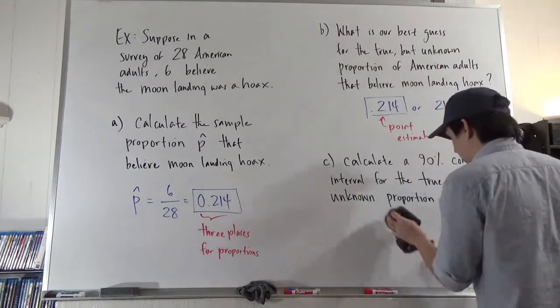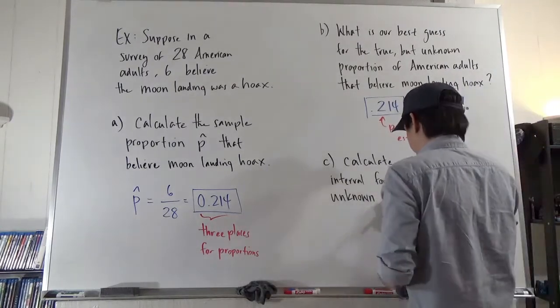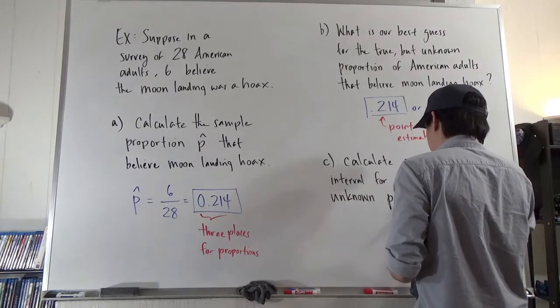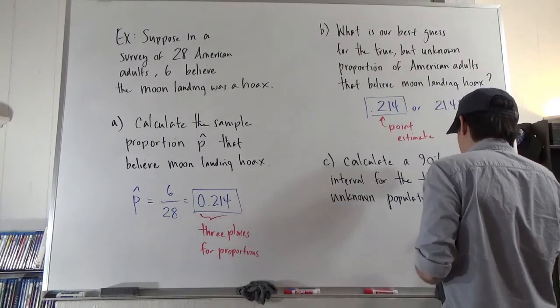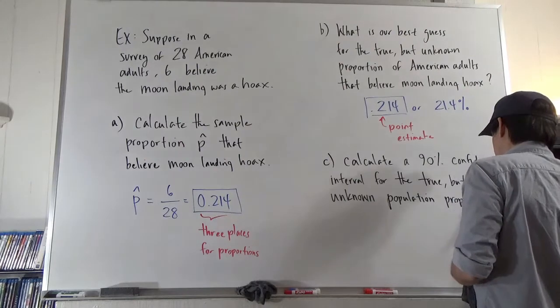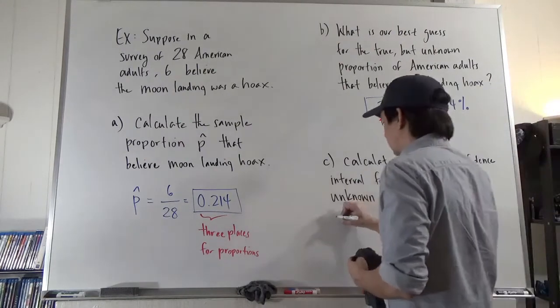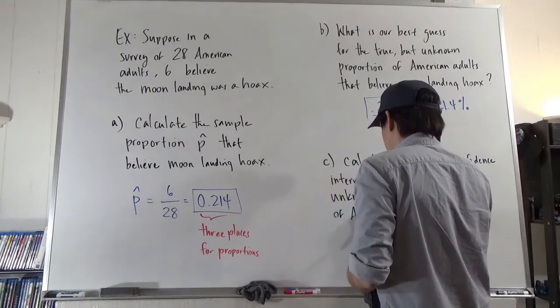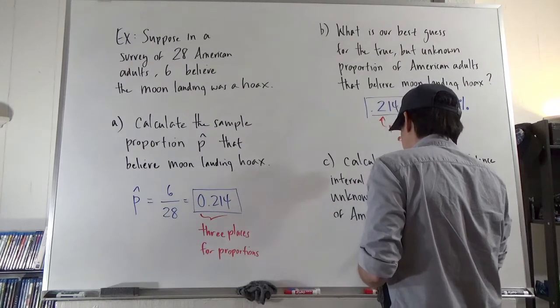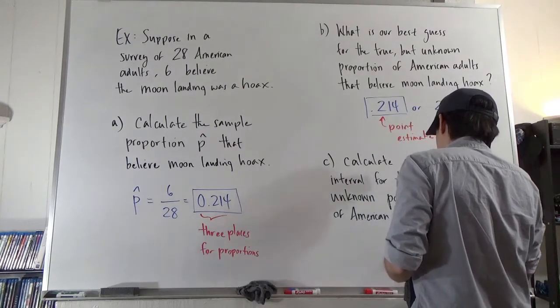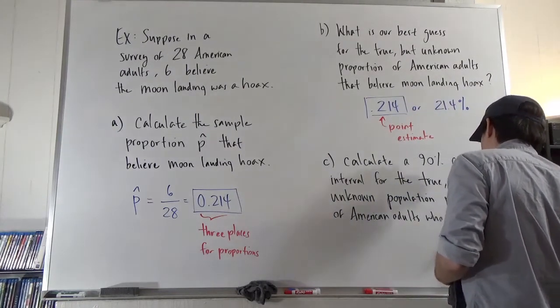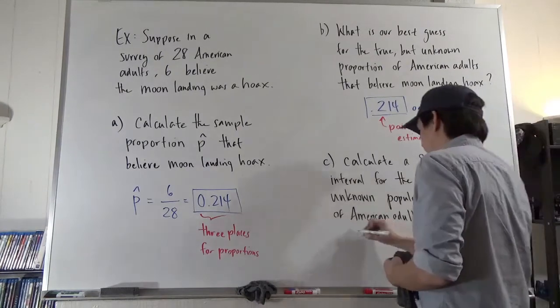I'll write population proportion. It's implied, but I'll write it anyway. Population proportion of American adults who believe moon landing hoax.